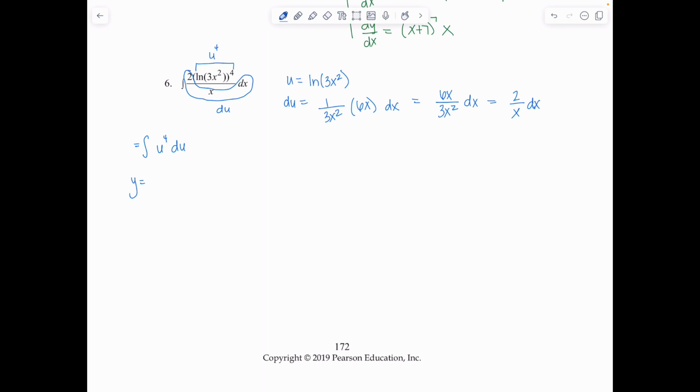Taking the integral, we have u to the fifth over 5 plus c. Substituting back in, we have (natural log of 3x squared) to the fifth over 5 plus c. And that's going to be it. We'll check it.